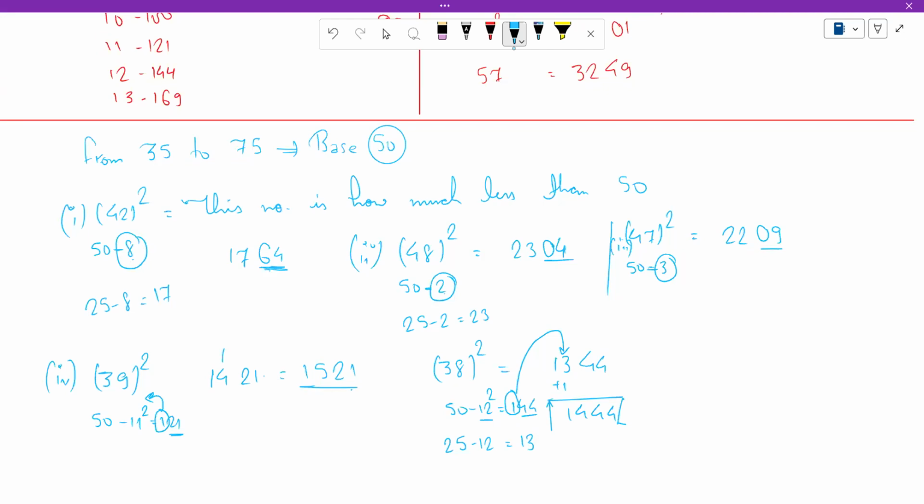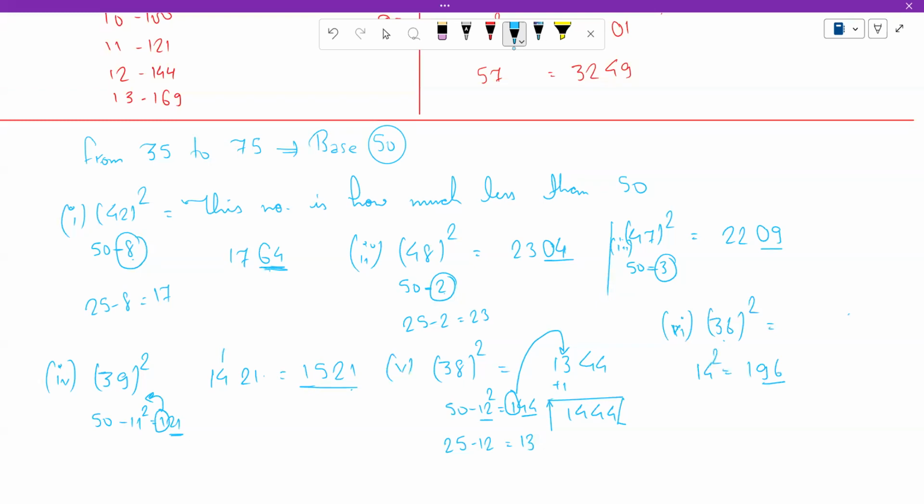Now if I tell you to find the square of, for example, 36, this was my example 5. I'll take one more example, example 6. If I tell you to find the square of 36, same process. How much is it less than 50? It is 14 less than 50. So what is 14 square? 196.